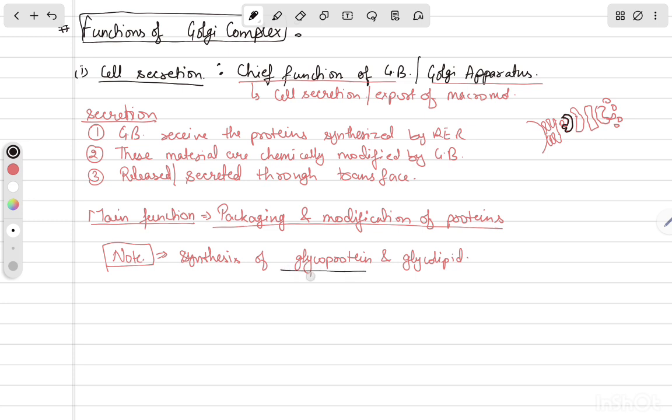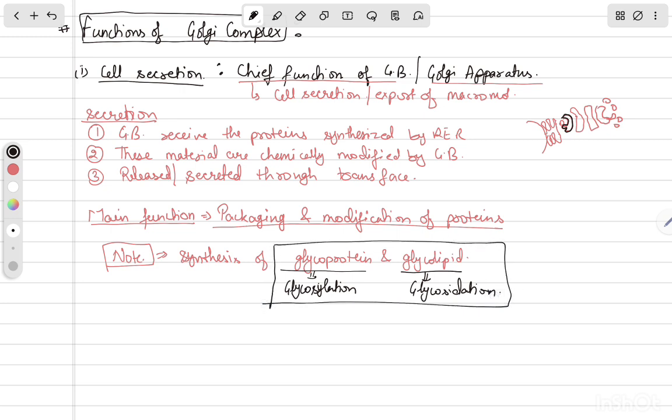Synthesis of glycoprotein is glycosylation and synthesis of glycolipid is glycosylation. So this question came in NEET, and these two terms are also important.